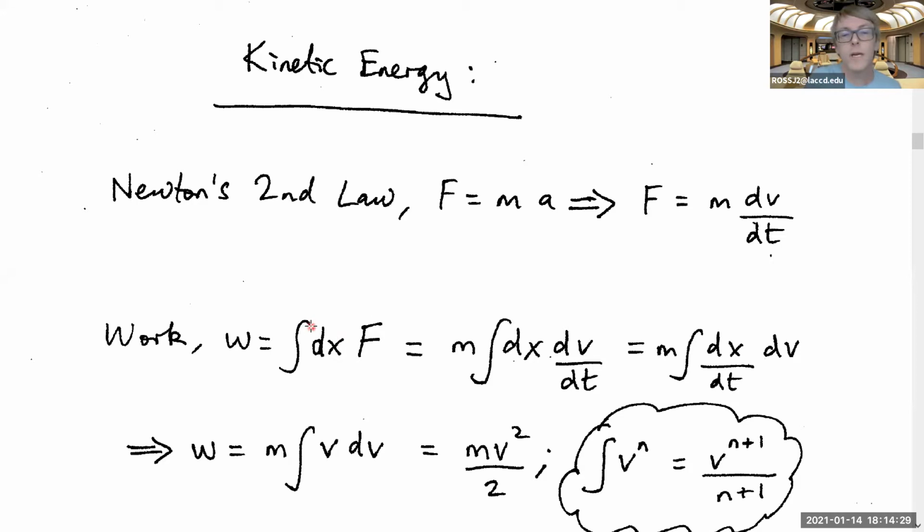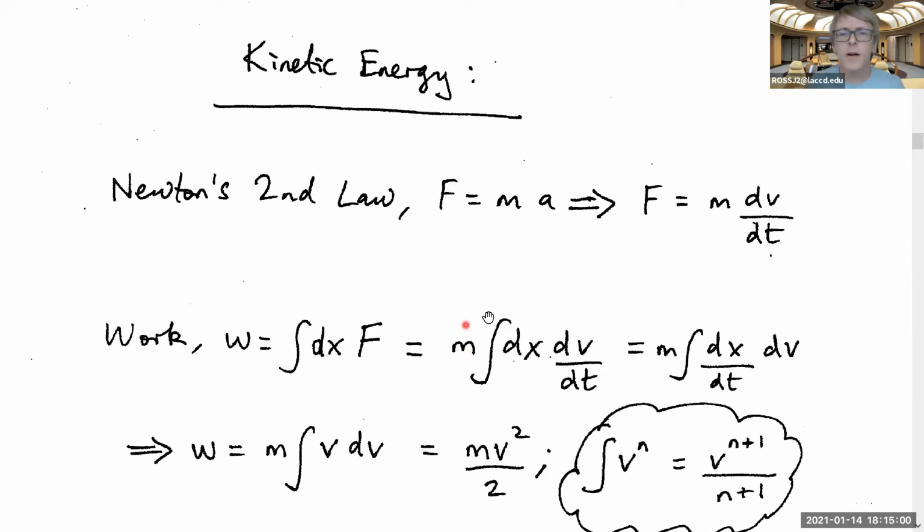So here we sum over incremental distances dx. That sum over dx would be the total distance, and the force over that total distance would be the work done. I'm looking at work now because it has the same units as energy. Or, if you like, one way to think about kinetic energy is as the capacity to do work.